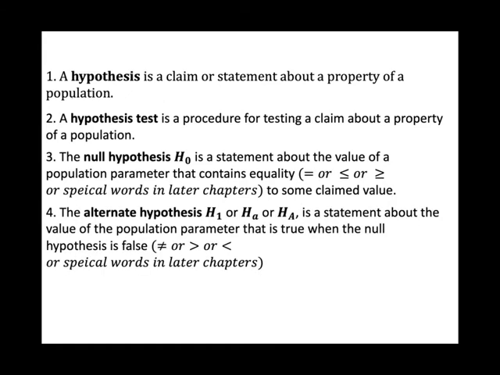For the alternate hypothesis, we use H1 in this book. If you are reading other statistics books, they may have HA here. All of them represent the alternate hypothesis. For the alternate hypothesis, we always use not equal to, strictly greater than, or strictly less than.